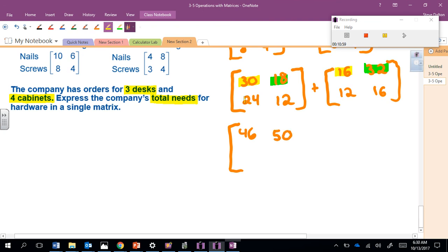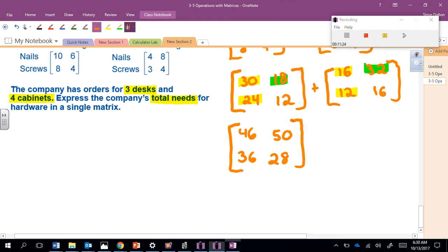Okay, and then I'm going to take 24 and 12. And that's going to give me 36. And then lastly, we're going to take 12 and 16, which is 28.